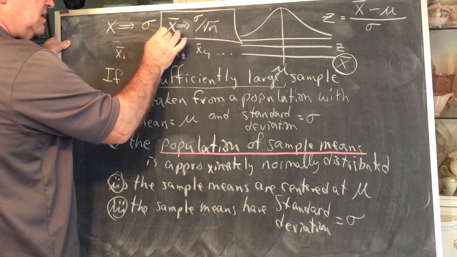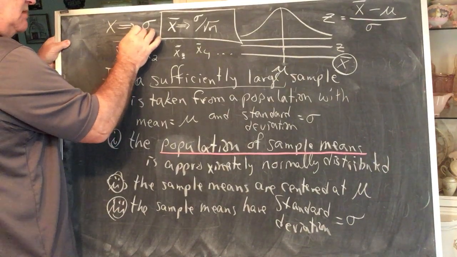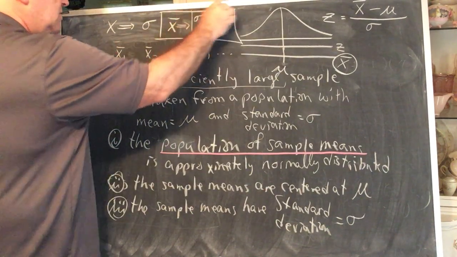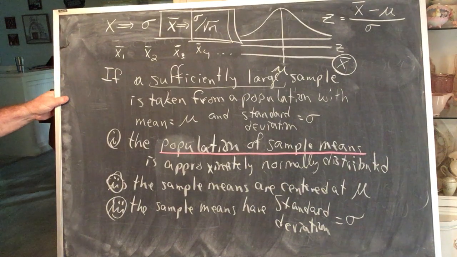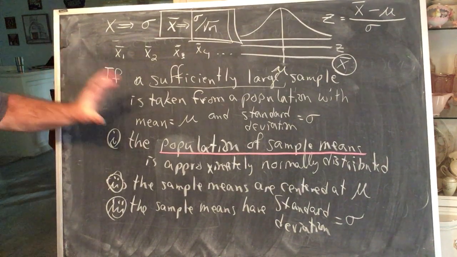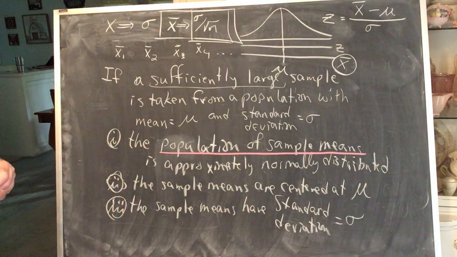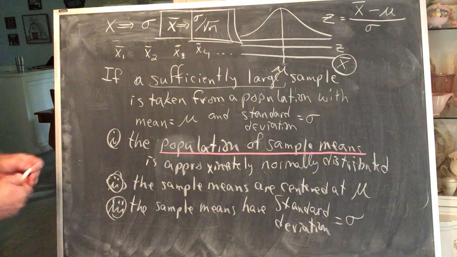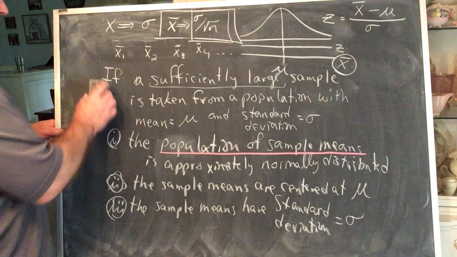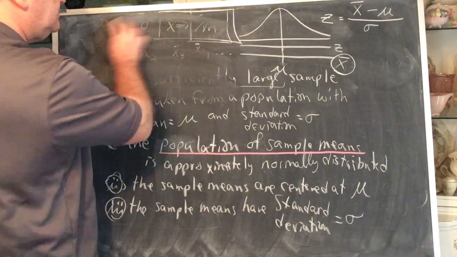The x bars don't give rise to sigma. The x bars give rise to sigma over square root of n. So that might seem a little blurry, a little complex, but we'll be able to simplify this a little bit. So let's put this all together here.